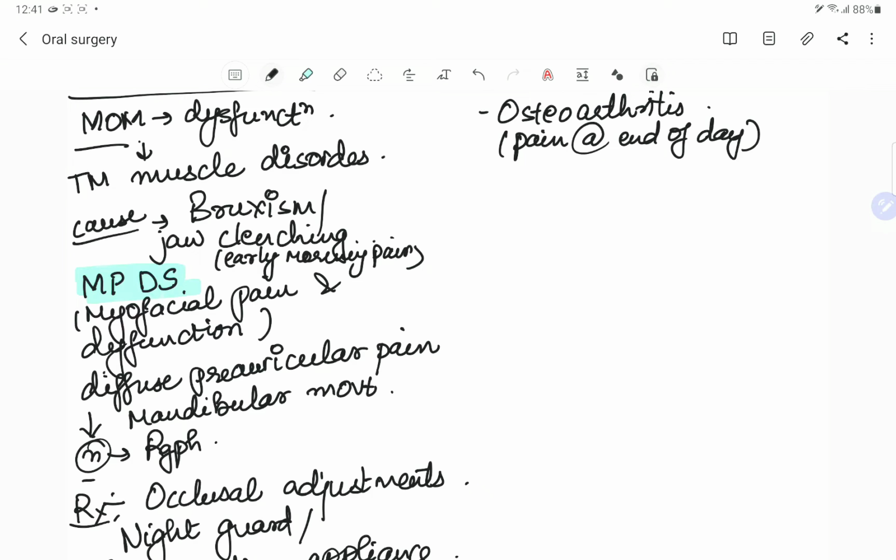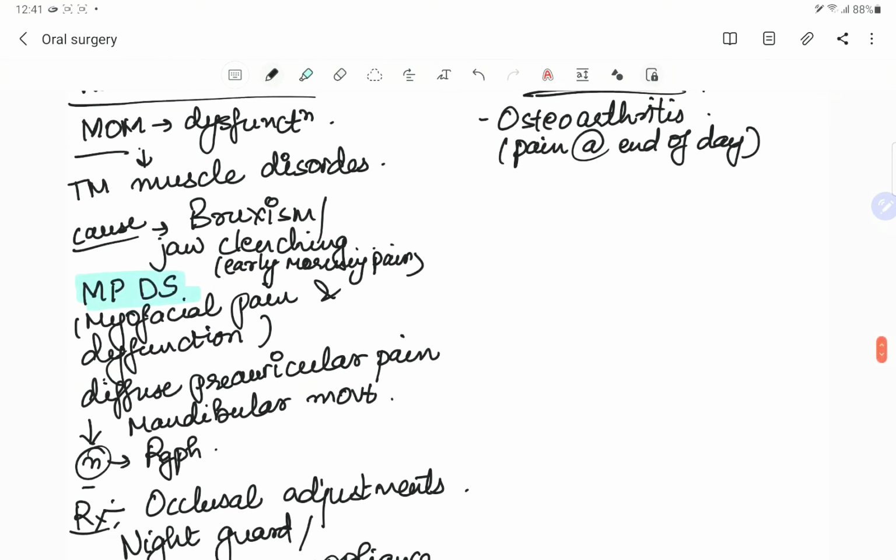The joints get fatigued and the person feels pain at the end of the day. So, that is a degenerative joint disorder. In the articular TMDs, we see that there are degenerative joint disorders. That means the person's joints are getting degenerated.